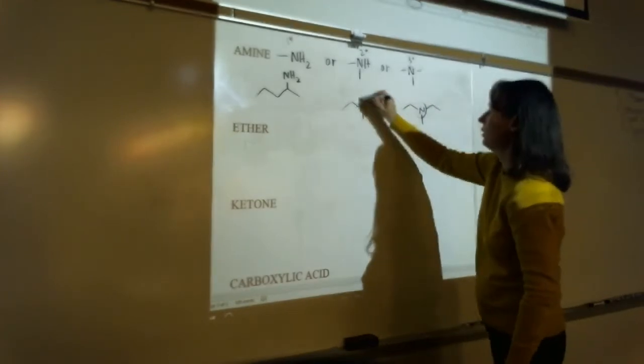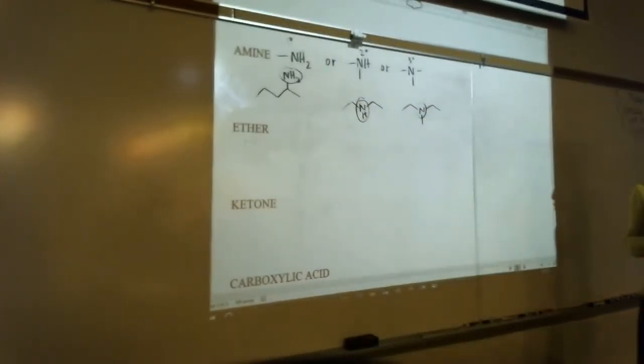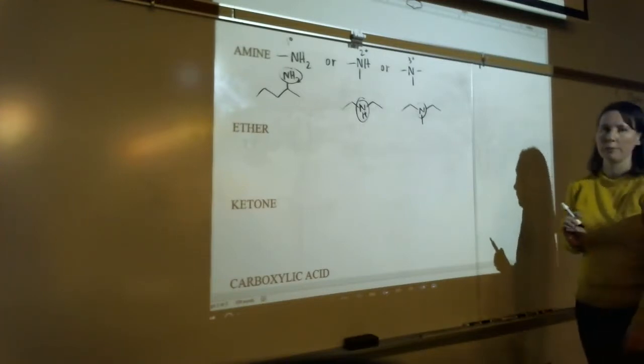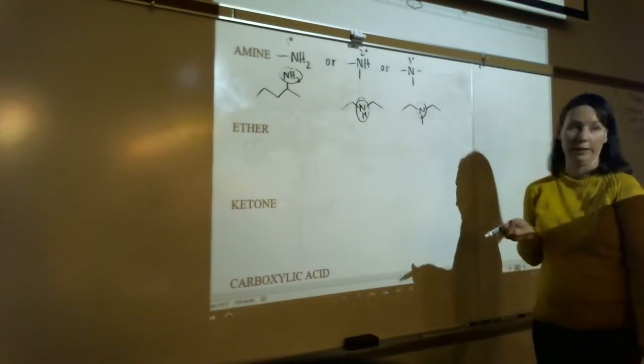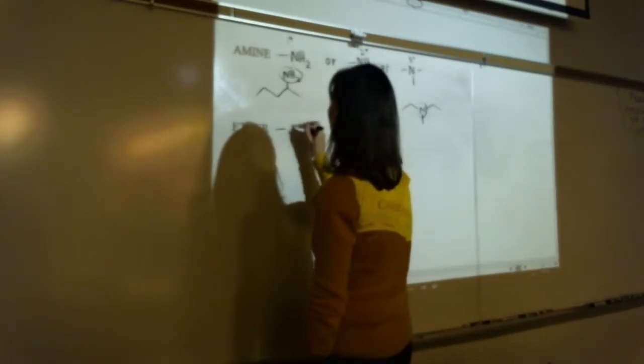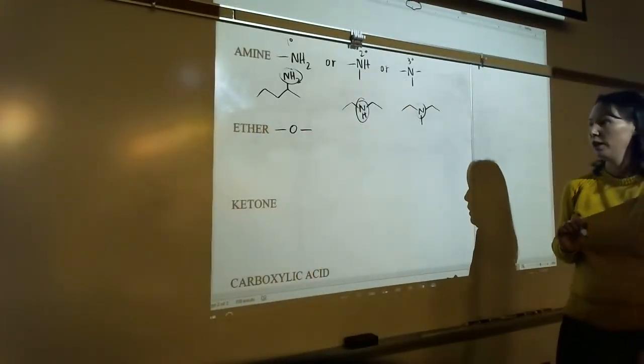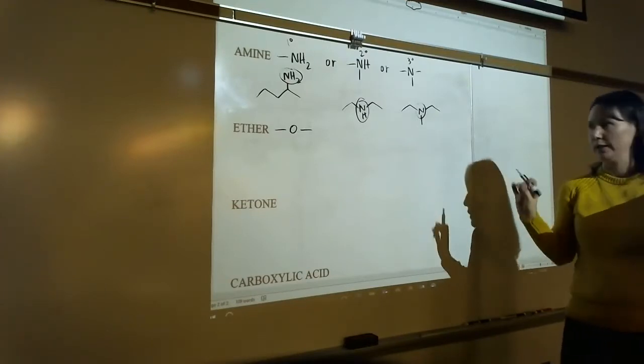So what would you circle? Just the NH or the NH2 or just the N. Again, you don't need to be able to know which one's primary, secondary, or tertiary. Just be able to recognize it. Okay? Ether looks like that. It's just oxygen in between two other things.